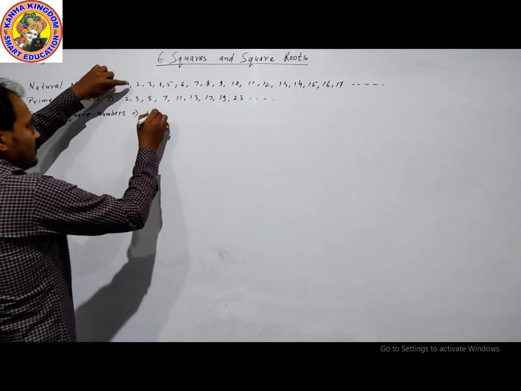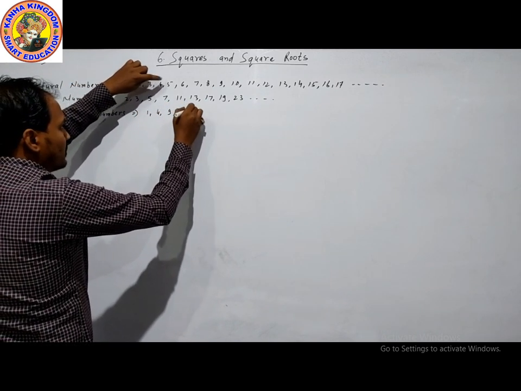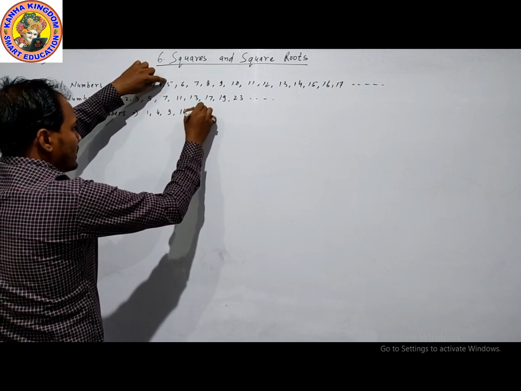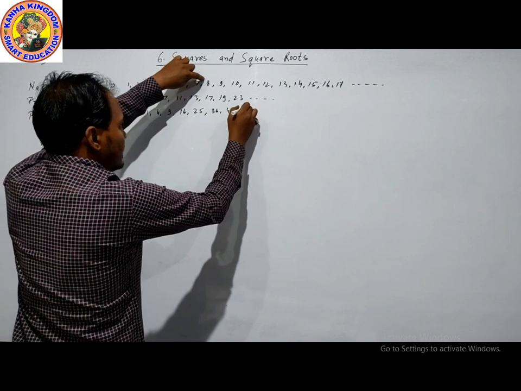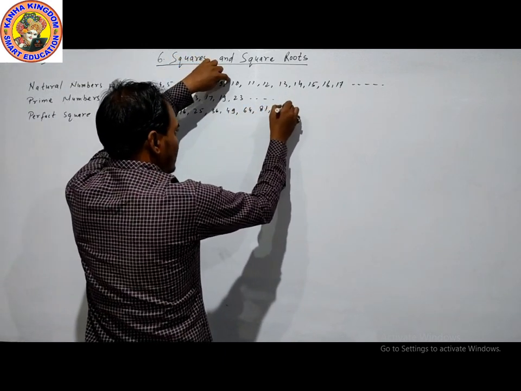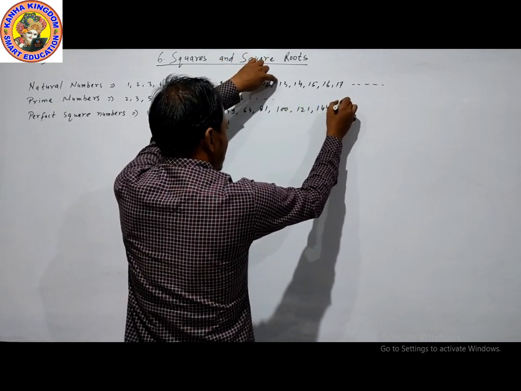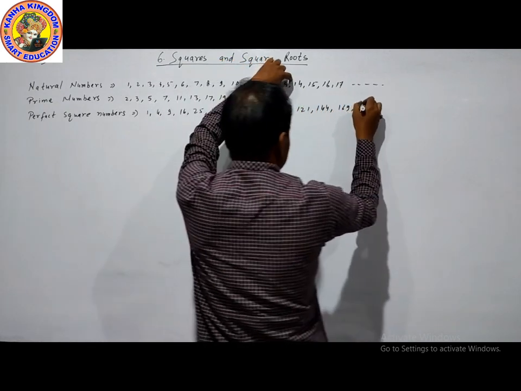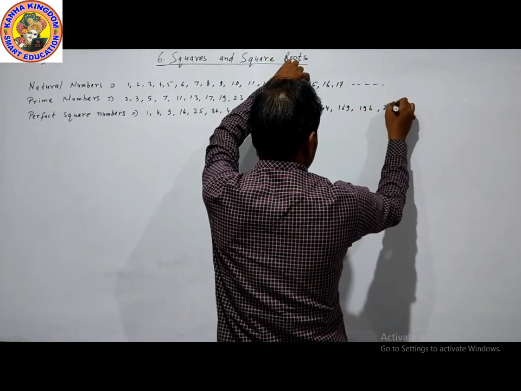1 square is 1, 2 square is 4, 3 square is 9, 4 square is 16, 5 square is 25, 6 square is 36, 7 square is 49, 8 square is 64, 9 square is 81, 10 square is 100, then 121, 144, 169, 196, 225.